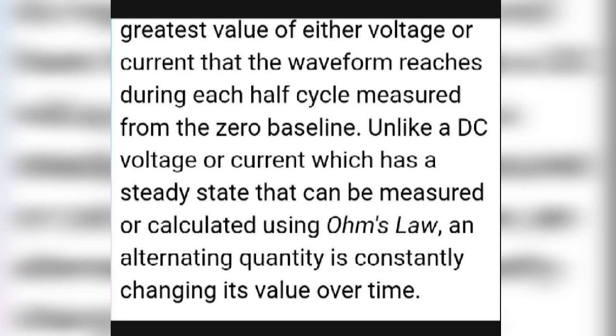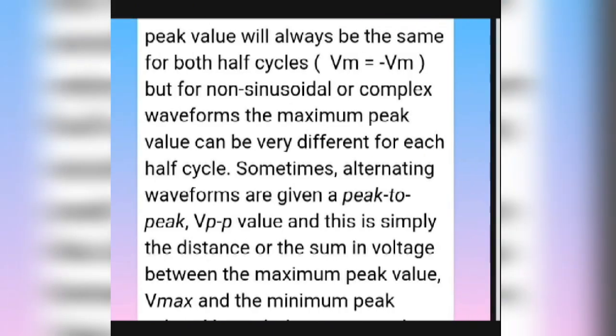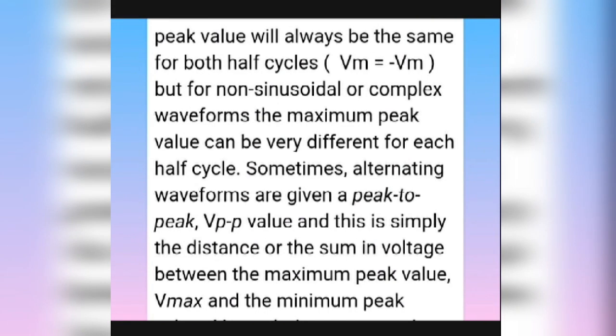Unlike a DC voltage or current which has a steady state that can be measured or calculated using Ohm's law, an alternating quantity is constantly changing its value over time. Peak value will always be the same for both half cycles.